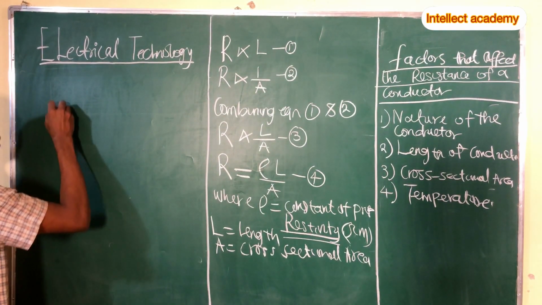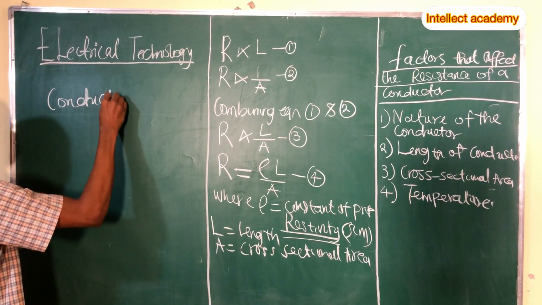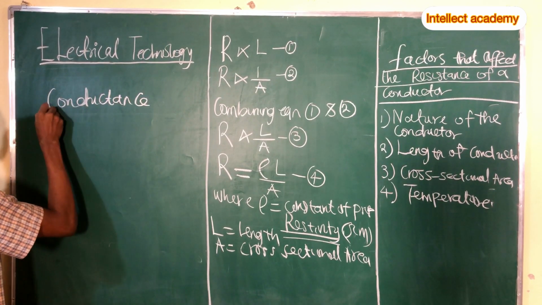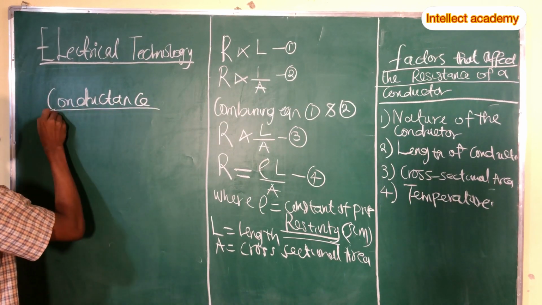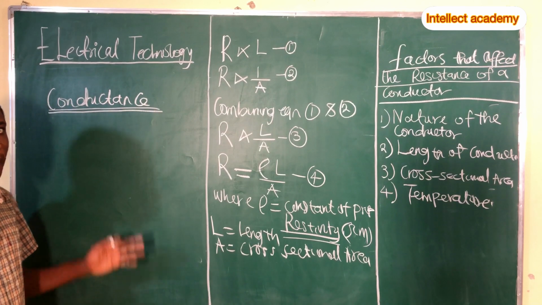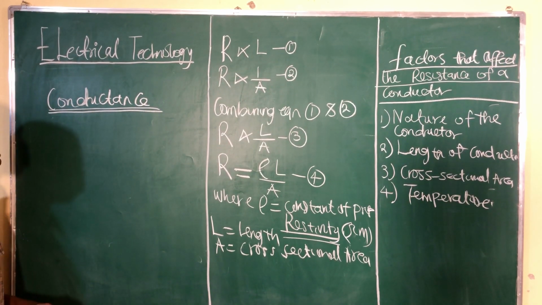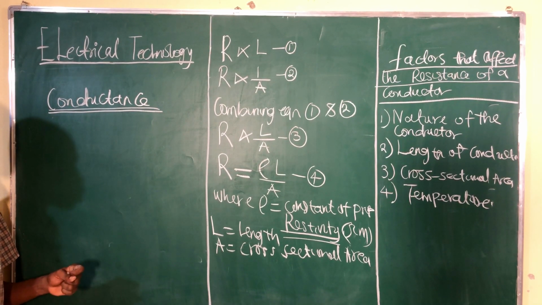Let's talk about conductance. This word is coined from what? A conductor. So if we can determine the resistance of a material, we can also determine what? The conductance of a material.